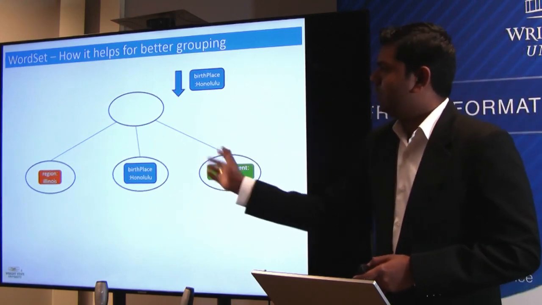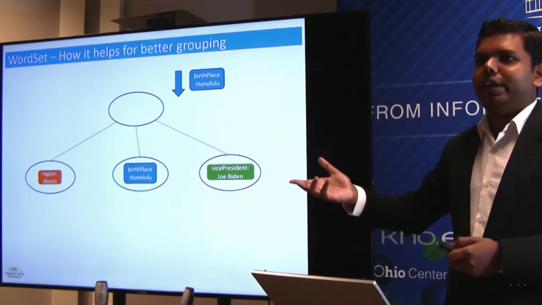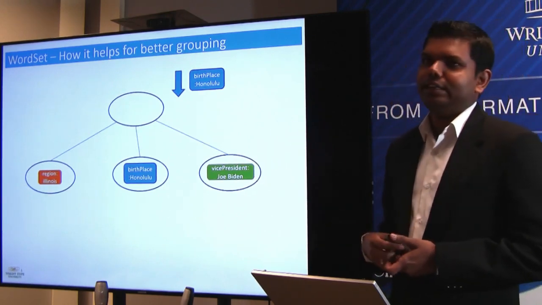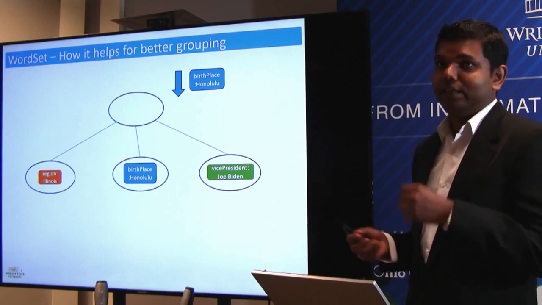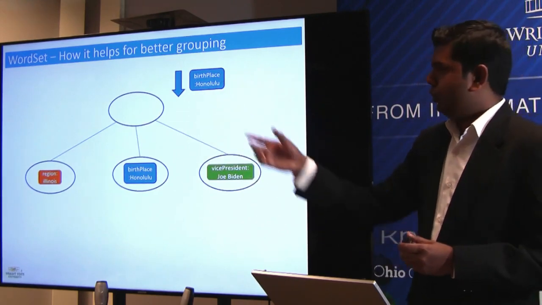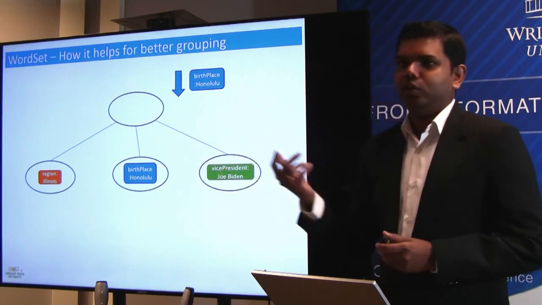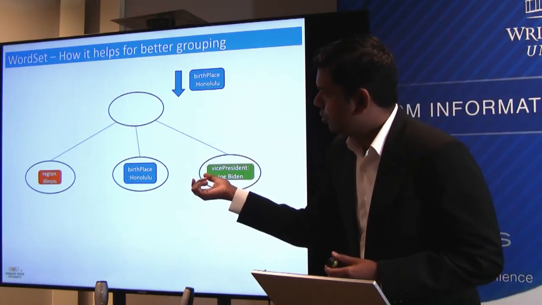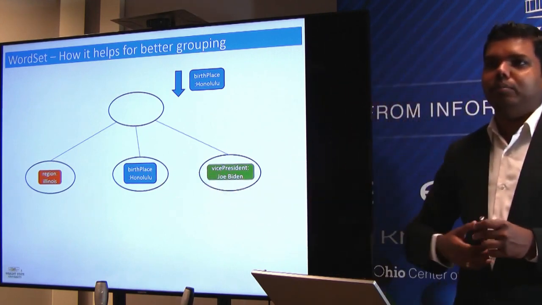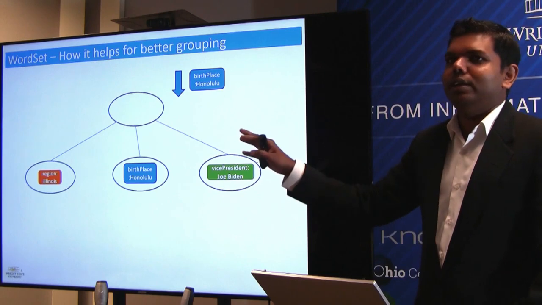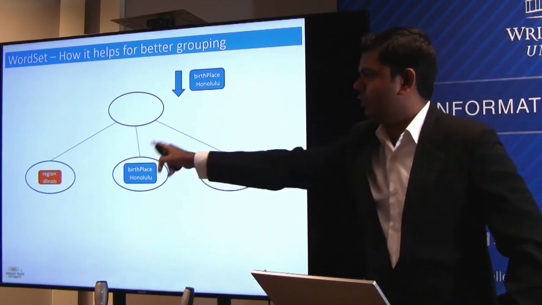New item comes, and the algorithm cannot see any overlap or similarity. They are syntactically different but semantically similar, but our representation doesn't convey the idea. So it will make three groups. But our objective is to put birthplace Honolulu and region Illinois in the same group because they are related. But Vice President Joe Biden is not related to these two together.